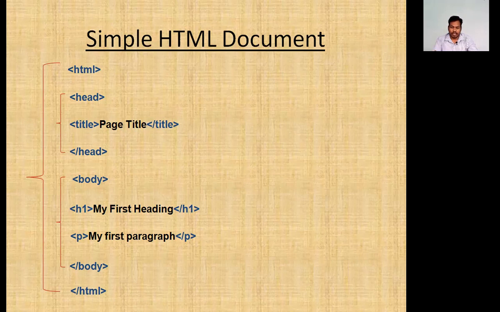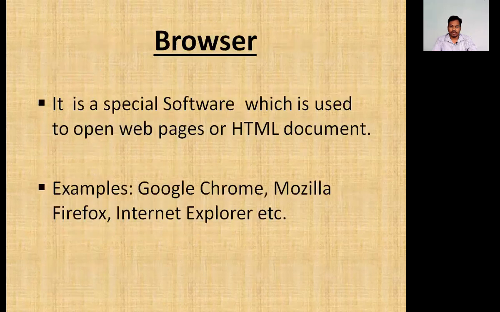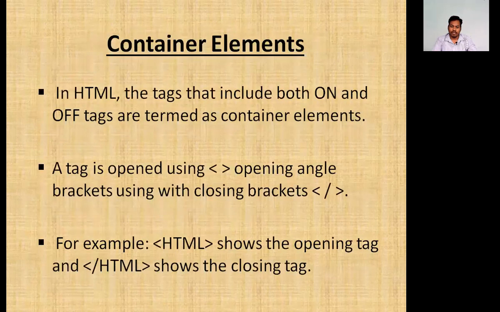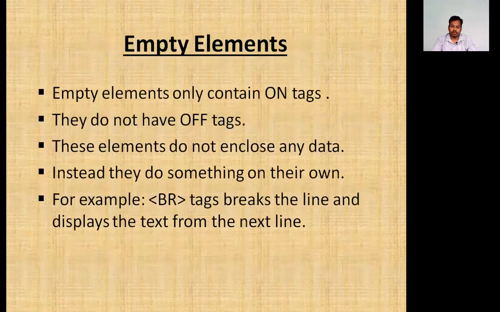So paragraph open, paragraph close. Then again for the next paragraph, you will open paragraph, then close paragraph. So in this way, you will create a number of paragraphs in your HTML documents. Whenever we create any HTML document, we see how it will look by opening it in the browser.